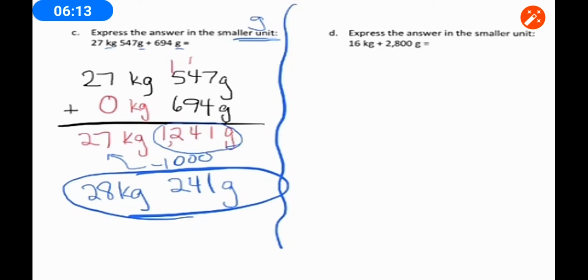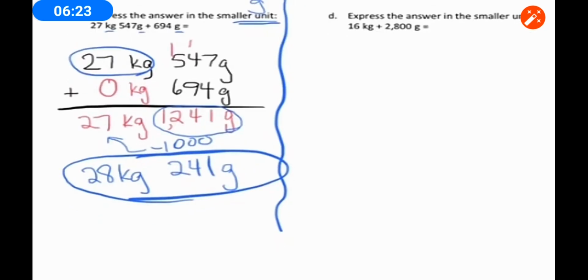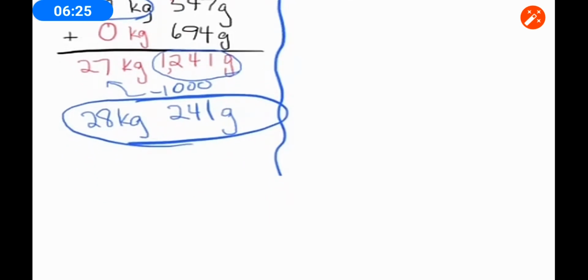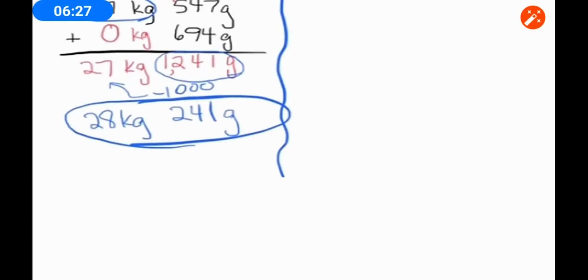28 kilograms, 241 grams. Remember, we are asked to convert to smaller units. So we are going to convert the answer to smaller units. 28 kilograms will give you what?